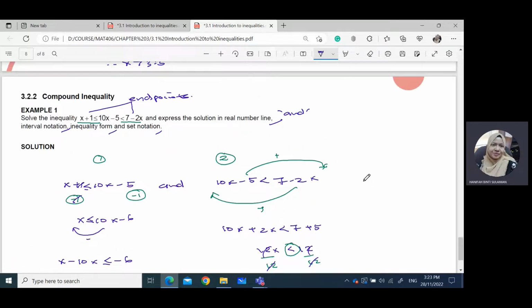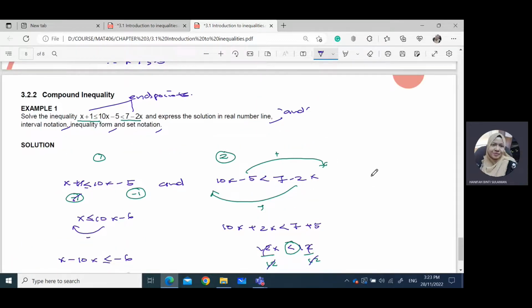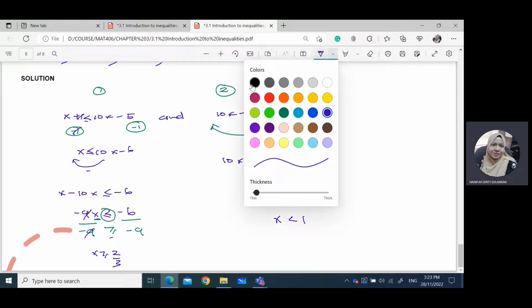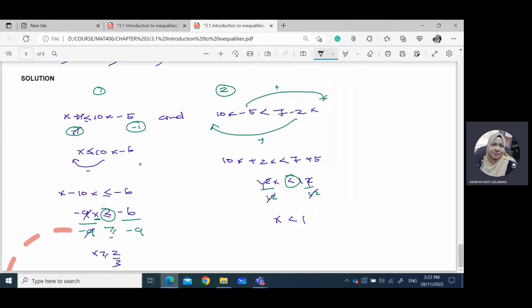Okay, so the question asks you to express the solution in real number. So dalam real number, kita buat di sini. So this is x, values of x. So x is greater than or equal to 2/3. So 2/3 is less than 1.